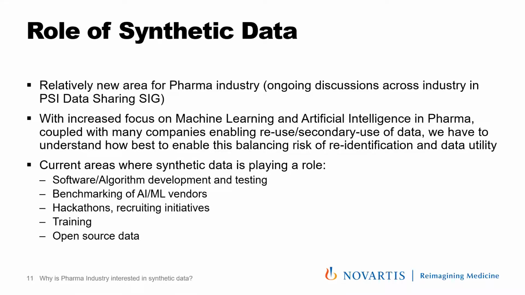Another area is benchmarking of machine learning and AI vendors. Here we provide synthetic data to different vendors and then are able to see what their models might be doing and what they can do. Hackathons and recruiting initiatives are another area of interest, as well as training, and finally for being able to provide open source data.